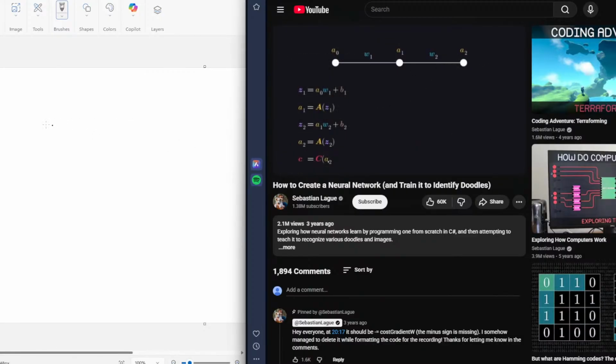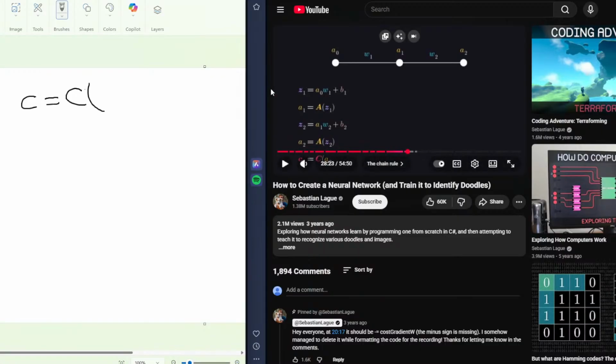So then we have our cost, our C is equal to C of the final activation output, which could also be considered, no, it can't be. Kind of. It's your weighted input for that node, and then whatever activation function is run onto it becomes your final output of that node, right?